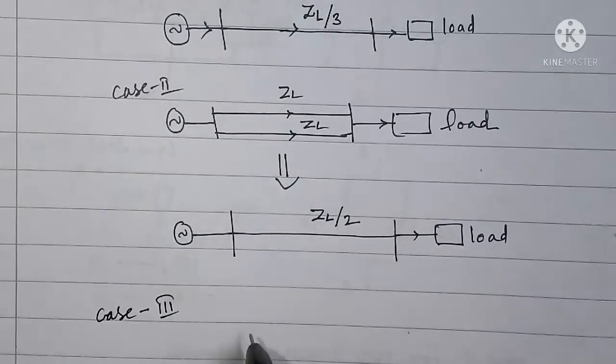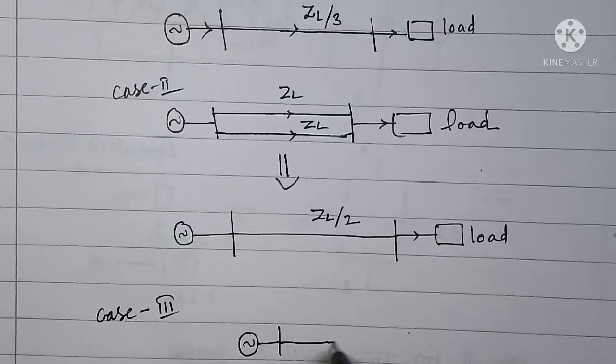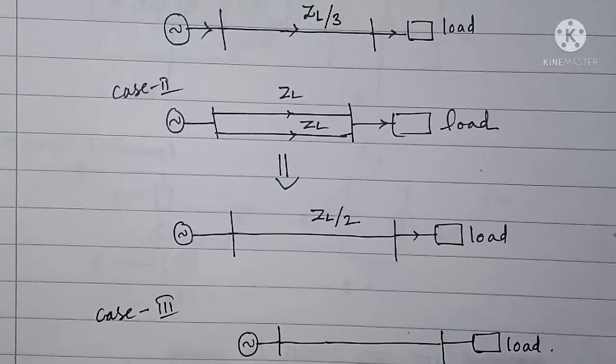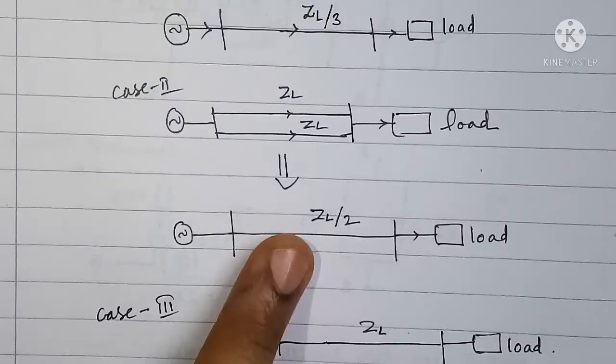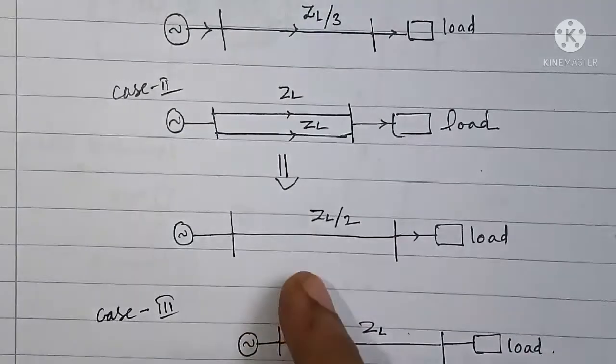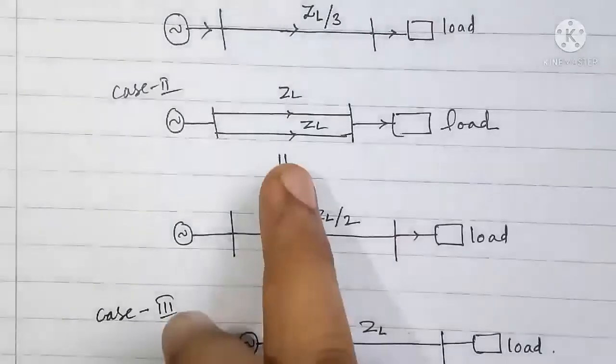Case 3. Only one transmission line. Impedance of transmission line will be ZL, which means that as the number of transmission lines between the two buses goes on increasing, the effective impedance of the transmission line goes on decreasing.